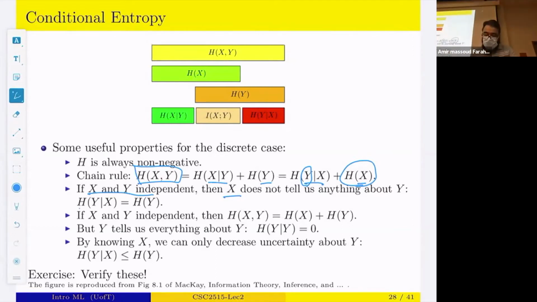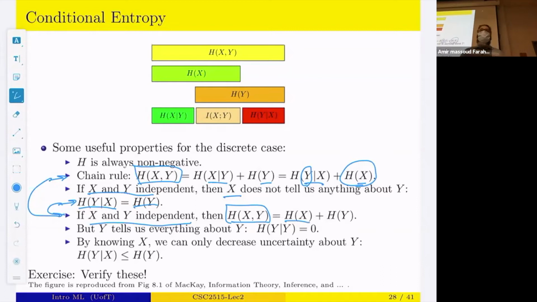So what we have is that the entropy of Y conditioned on X, if they're independent, is equal to the entropy of Y. And also vice versa: the entropy of X conditioned on Y would be the entropy of X. I guess we can see that from this chain rule and this other property about independence, that if X and Y are independent, then the entropy of the joint value of them is the sum of the entropy of each of them.